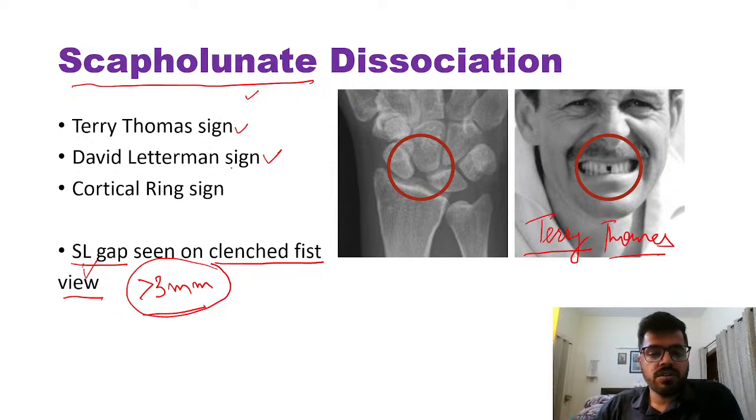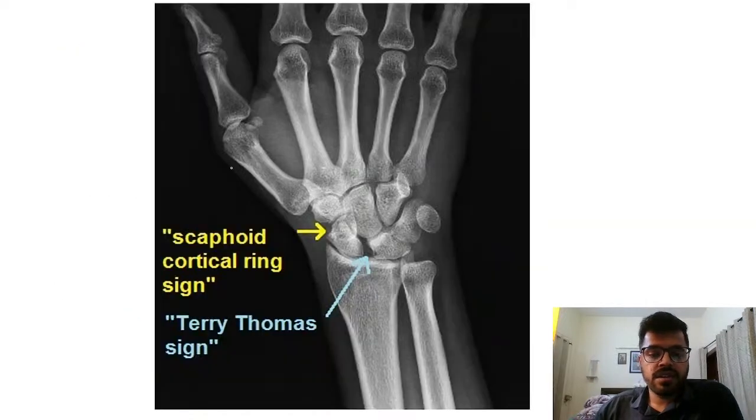There's another thing called cortical ring sign. Here you can appreciate the ring in the scaphoid. That is because of the end-on view. The profile of the scaphoid has changed. It is more flexed, and that's because of scapholunate dissociation. This is Terry Thomas or David Letterman sign, as we have already discussed.